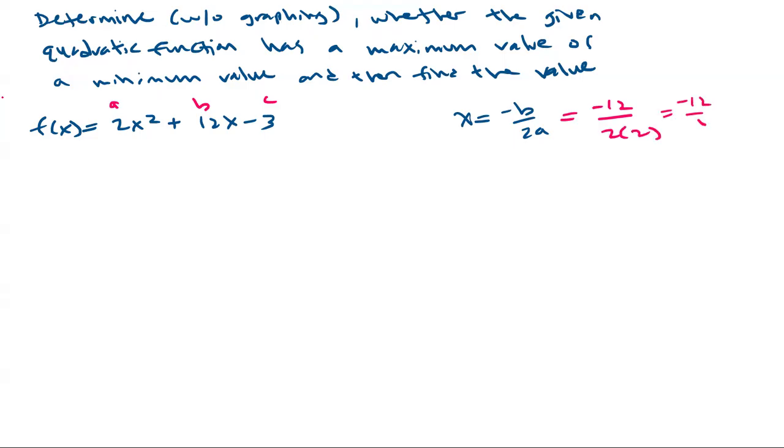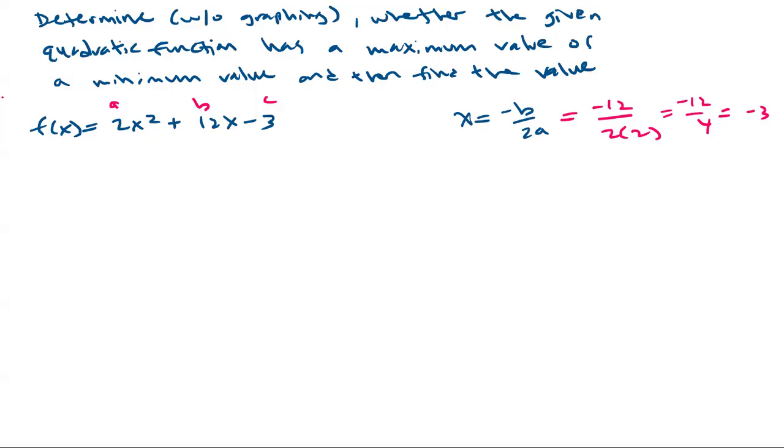So you have negative 12 over 4, which gives us a negative 3. So that's the x where the axis of symmetry, the line of reflection, is going to be: x equals negative 3.